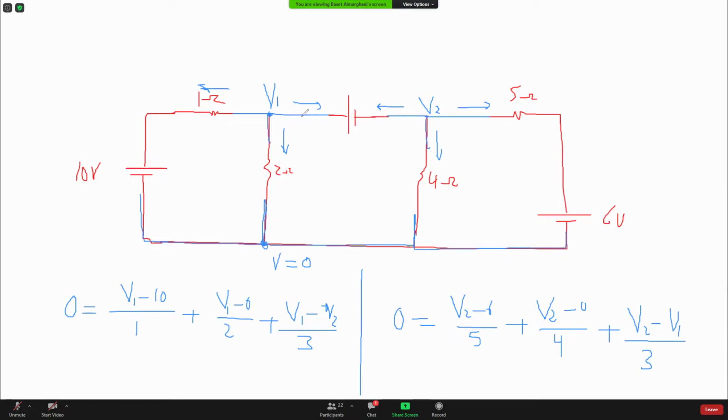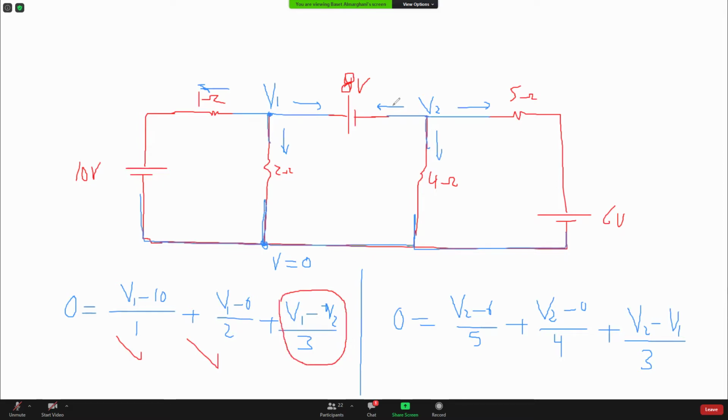Now if it's a current source, it's easy because it will tell me the current, no problem. But if it's a voltage source, let's say this is 8 volt, so a different number than all the other numbers. Now when you do the currents, this is leaving, so this is still okay, this is still okay, but this now is a problem.